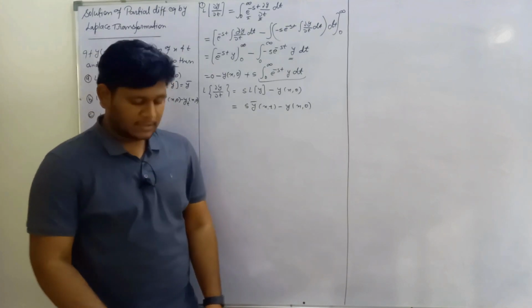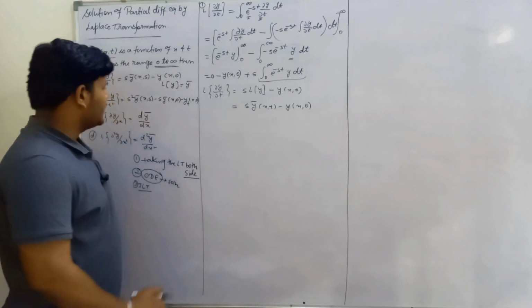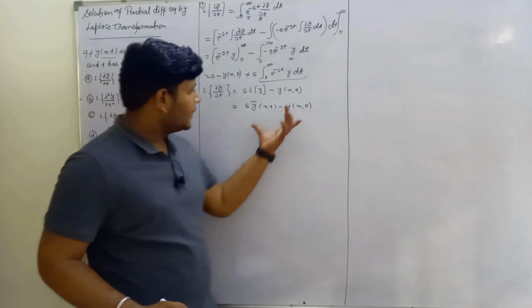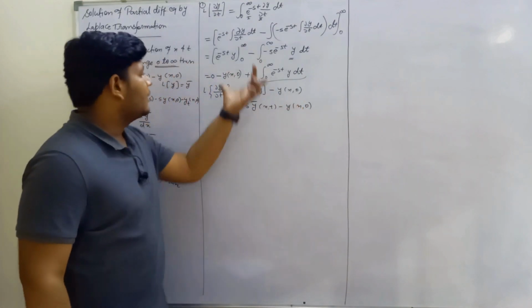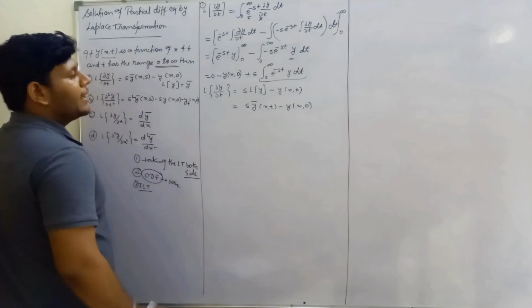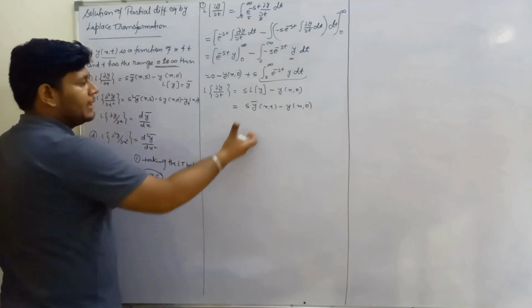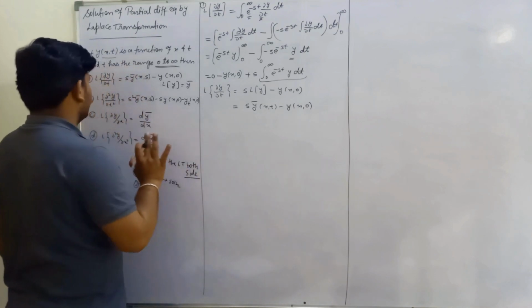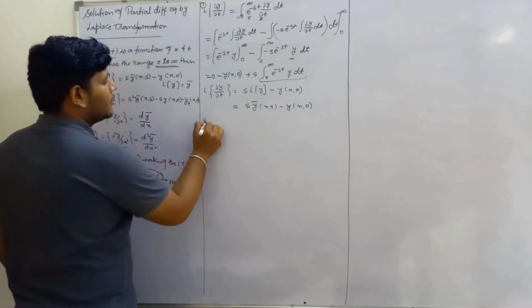Let me check this also. Okay, there is no y bar, it is a simple y. Now it is clear. If we derive this formula, it is not a wrong formula, it is correct. Now it is okay.